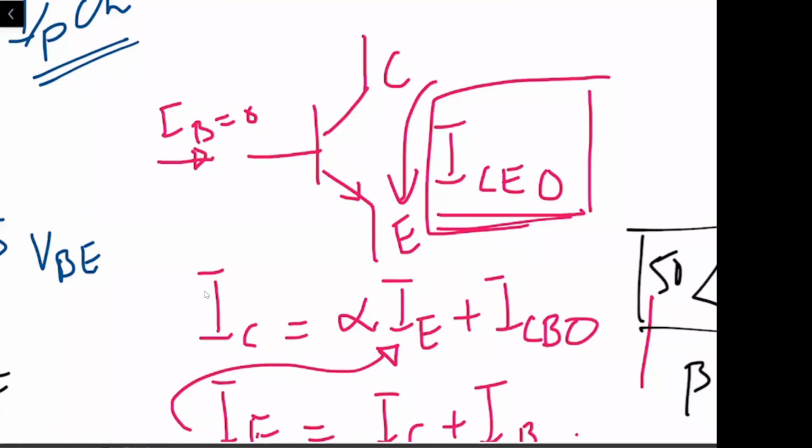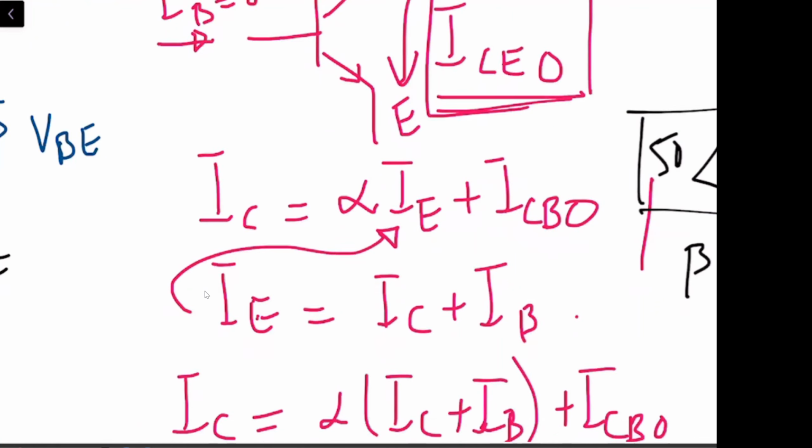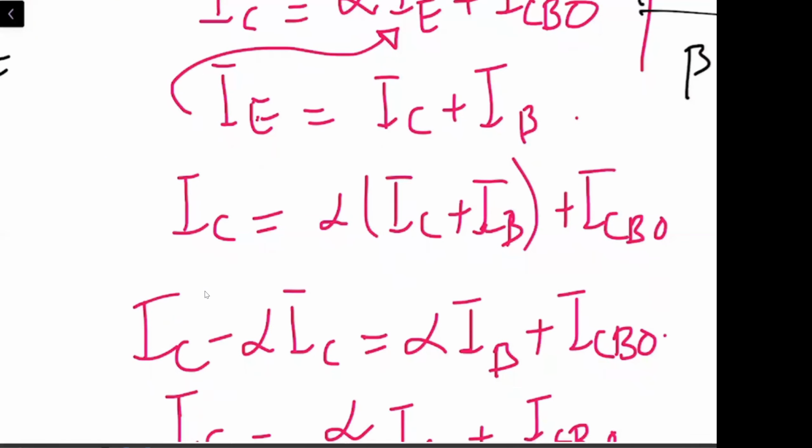And with this one, we had obtained this equation from the common base configuration circuit, which we did last time. IC is equal to alpha times IE plus ICBO. We also know that IE is equal to IC plus IB. So putting this value in the equation, IC is equal to alpha times (IC plus IB) plus ICBO.